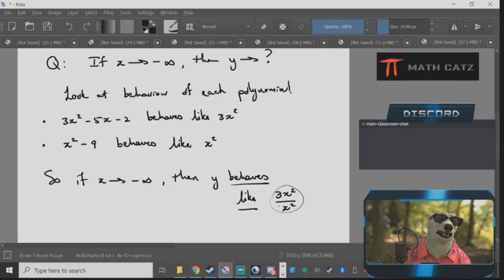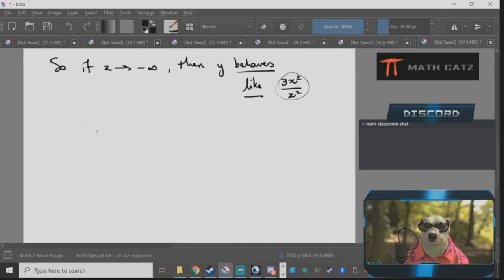Now I can simplify this. 3x squared over x squared simplifies to, well, I have x squared at the top, x squared at the bottom, so 3.